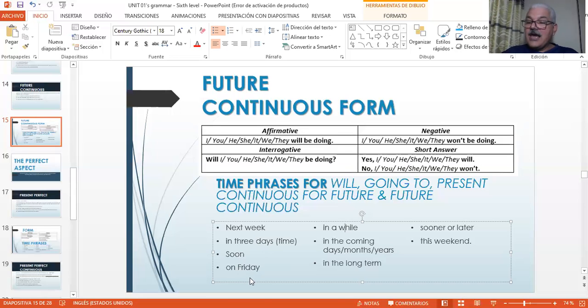Soon, on Friday, in a while, in the coming days, or in the coming months, in the coming years, in the long term, sooner or later, this weekend. But notice that this weekend, it's not now. It's going to be in the coming days, okay? That is in the future. That's it. So these are the other notions.